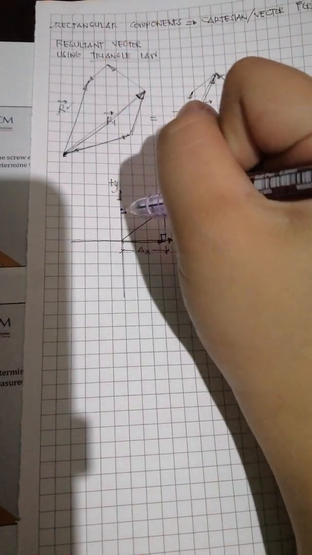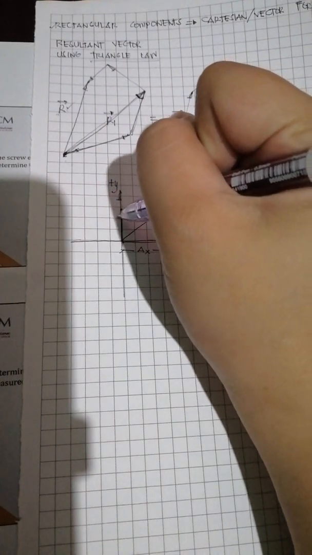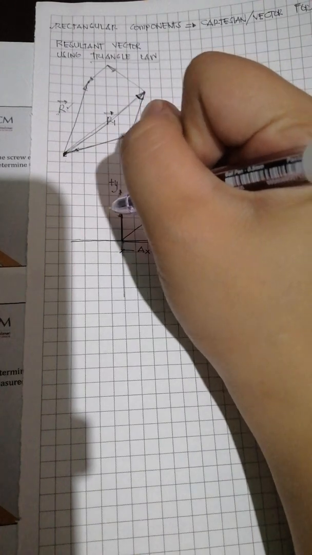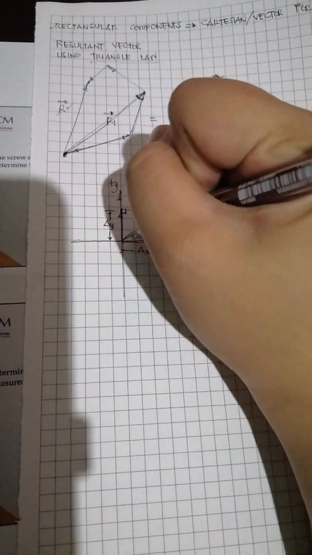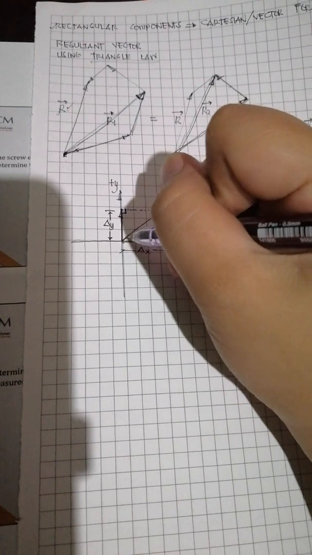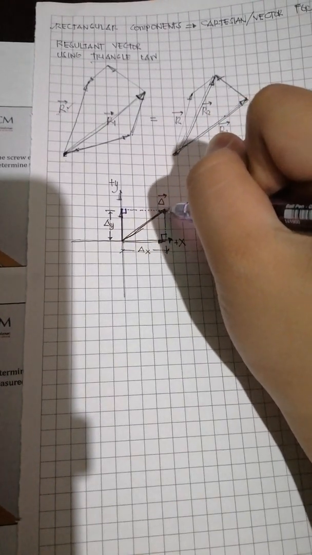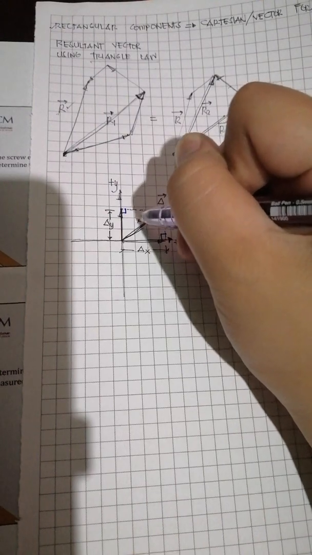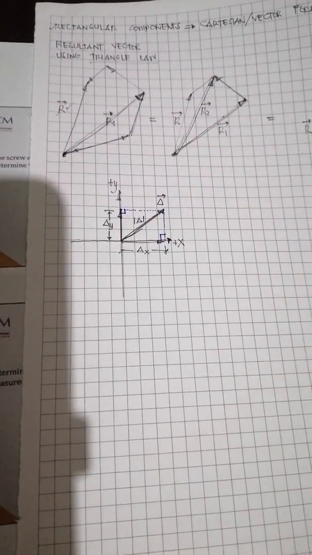So therefore, this line is now the y component of vector A. And by the way, this one, the length, represents the magnitude of vector A.